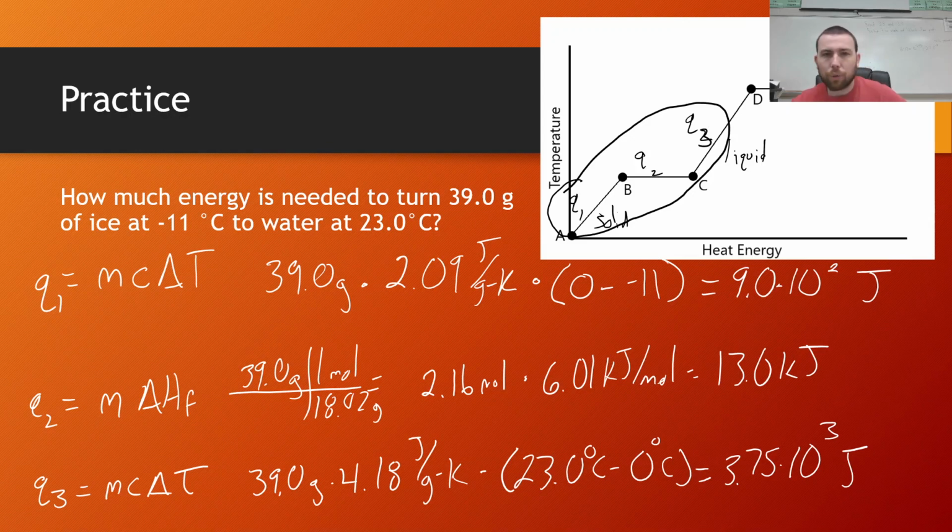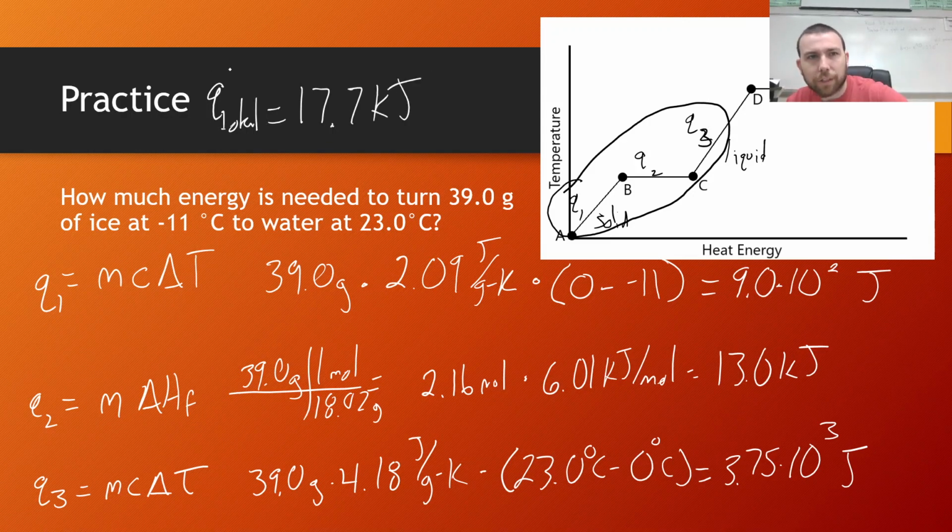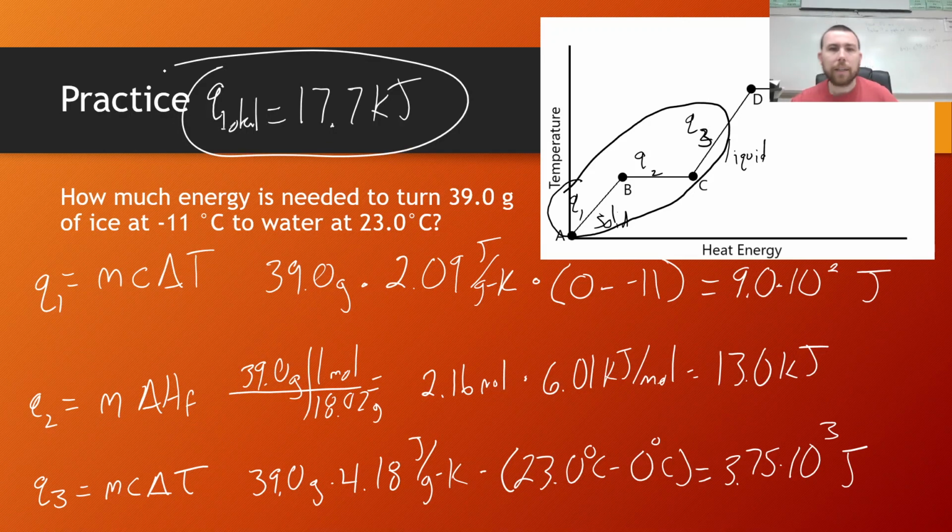So Q total in this case is going to be equal to 17.7 kilojoules of energy that has to be added in order to heat ice at negative 11 degrees Celsius to water at 23 degrees Celsius.